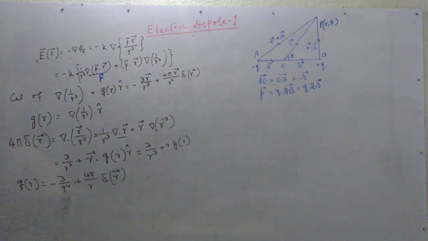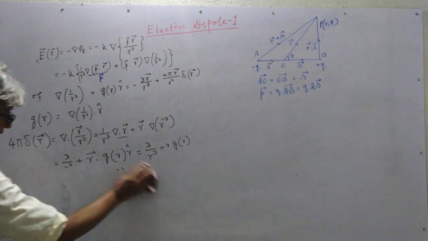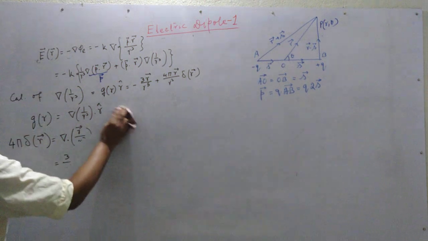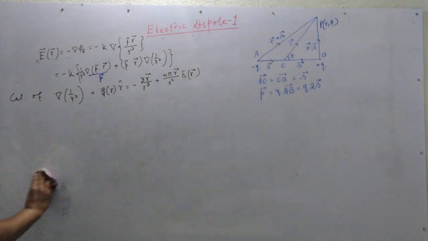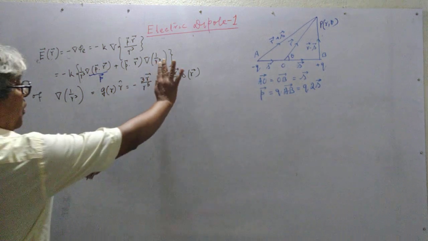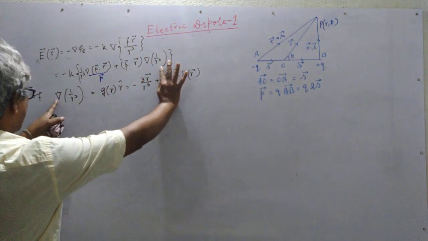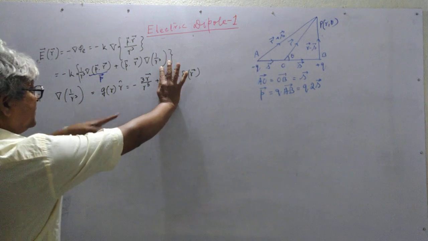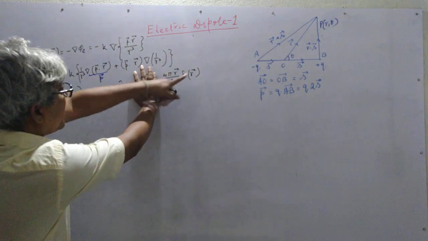So we can use these two to get the field due to a dipole. This is the value of g, or grad of 1 by r, for r not equal to 0, and this is the value at r equal to 0.